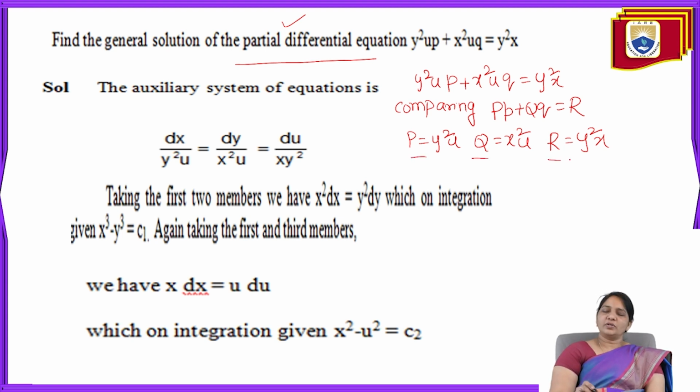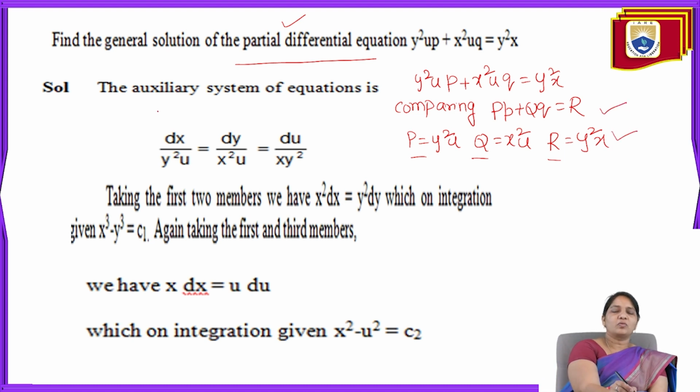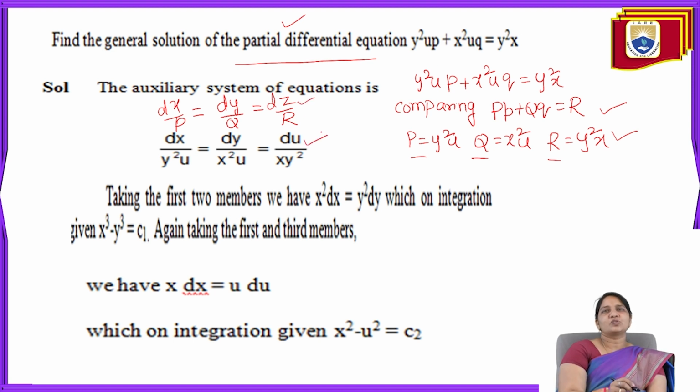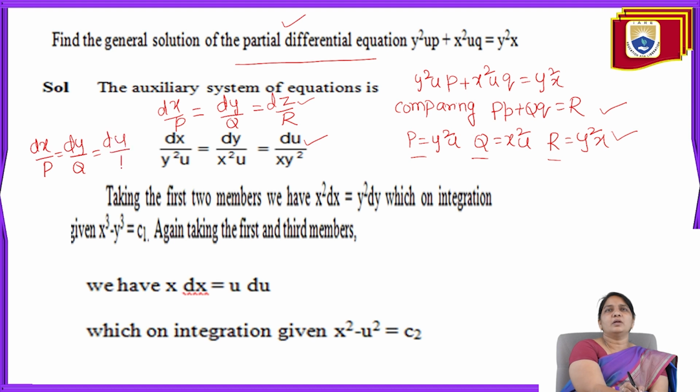So now after comparing with the Lagrange's equation, we are going to write the auxiliary equation, that is dx by P equal to dy by Q equal to dz by R. Here in place of z in the solution we are having u. So that means we can write dx by P equal to dy by Q equal to du by R. Based on that we are substituting the values.